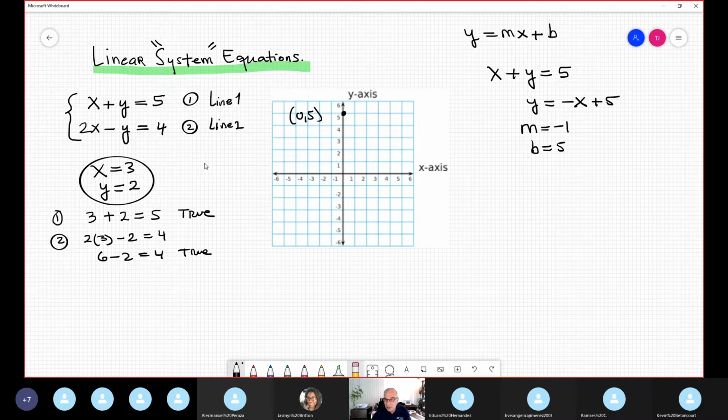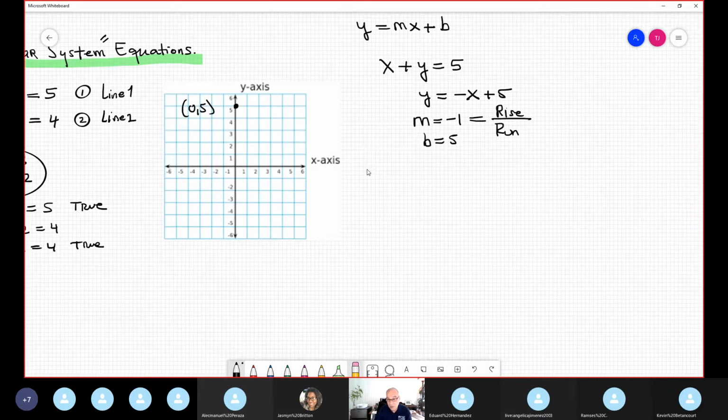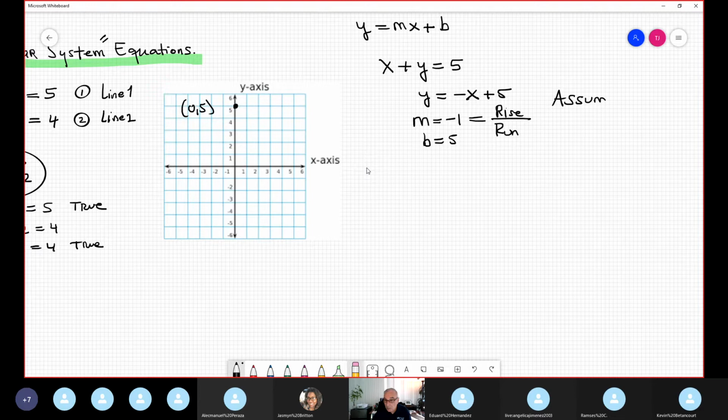Using rise over run, remember this is rise, this is run. In that case, rise is -1 because -1 is a whole number. So you assume that rise is equal to -1 and run is 1.